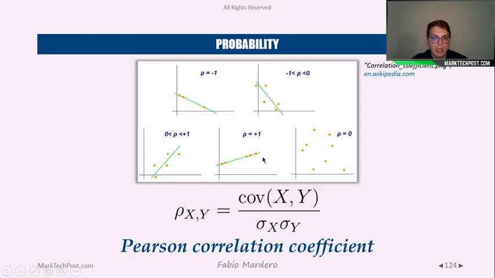If we get that the coefficient is equal to -1 or +1, and these are the extreme values that this coefficient can take, this means that the relationship between x and y is linear, and the minus and plus determine only how this linear relation is expressed. And then we have the cases in between -1 and 0, and 0 and +1.